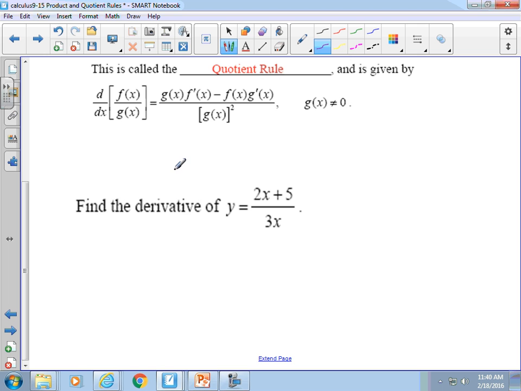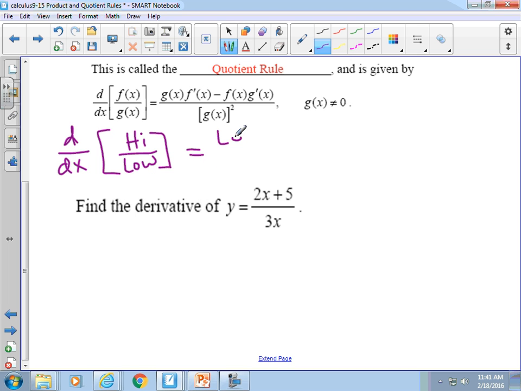And I'm going to give you a way to remember that one too. High, low, but we're going to shortcut it. You have the top function and the bottom function, the high function and the low function.